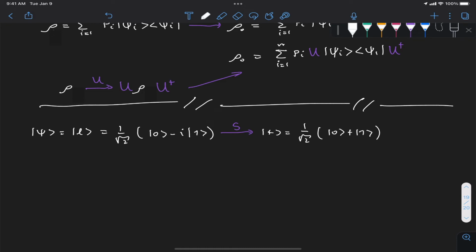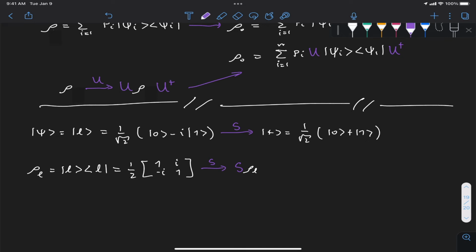Okay, so if we want to do this now in the density matrix notation, our rho sub L is going to be the outer product of the left state with itself, which we've derived before. It's 1 over 2 of the matrix 1, minus i, i, 1. And now if we're going to evolve this through the S gate, we apply S, then rho sub L, and then multiply with S dagger.